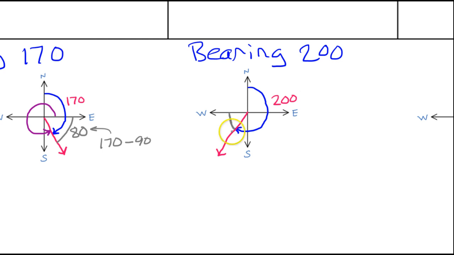I can find it by doing, what am I going to do? We were on our way to 270. So if I do 270 minus 200, that should be what's left. Obviously this is just going to be 70. 200 plus 70 is 270. So I've got my reference angle. Now for the chart, I need an angle that is measured from the positive x-axis. I need the angle that goes like this.